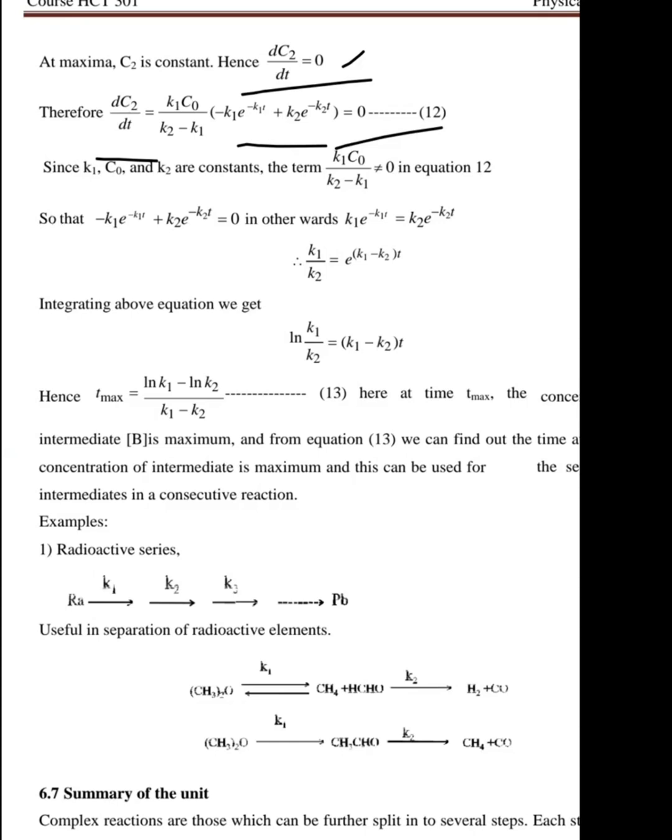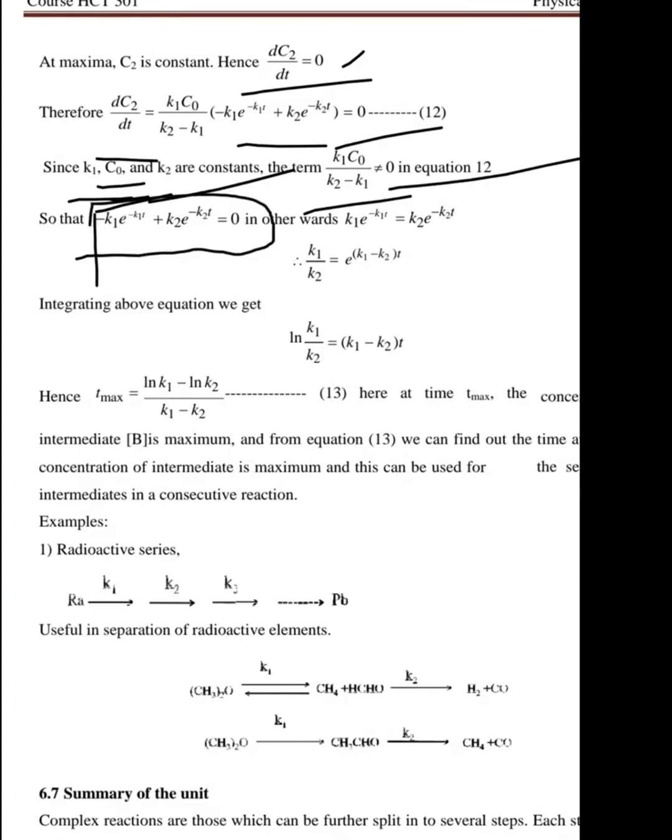Since K1, C0 and K2 are constant, the rate constants are kept constant, and the initial concentration of A is also kept constant. Then K1 C0 divided by K2 minus K1 is not equal to 0, so the other terms will become 0.